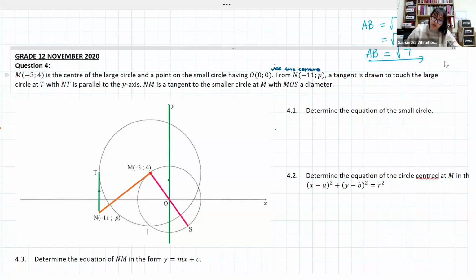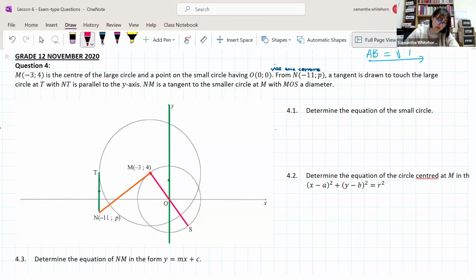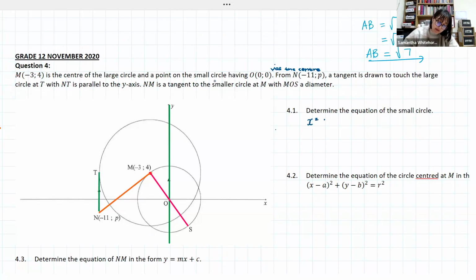So the first question says, determine the equation of the small circle. Alrighty, so we're not going to panic. First things first, we know where the center of the small circle is. We're told it's at the origin, so immediately I know I've got x squared plus y squared. I just need to figure out what the r squared value is. Now have a look there.